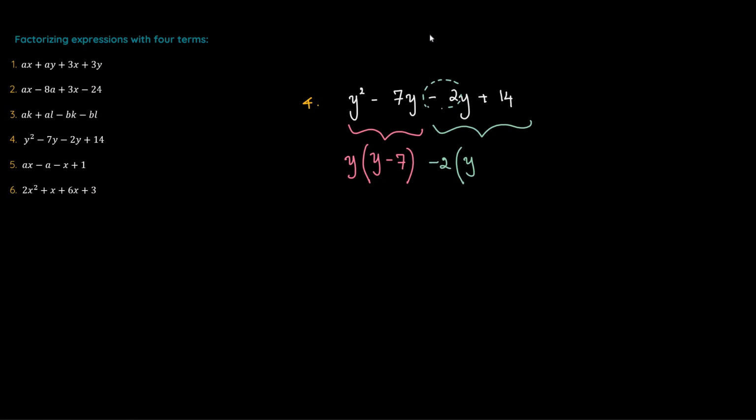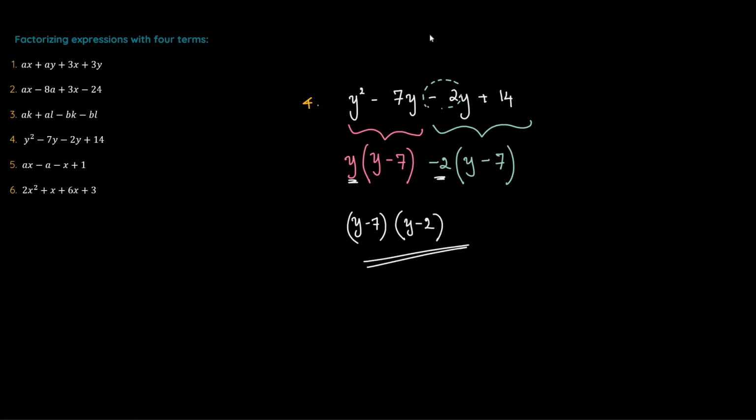So if you factored negative 2 out, that's positive 14 divided by negative 2, which is negative 7. Now you can take that bracket as a common factor outside. Y minus 7 comes outside, and whatever is remaining outside will be the second bracket, that is y and negative 2 together, so y minus 2.